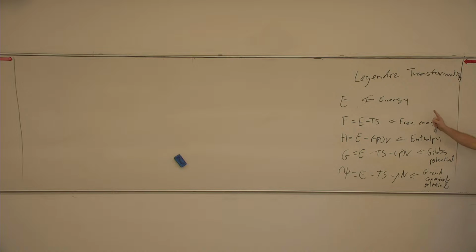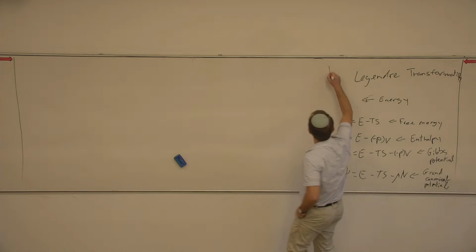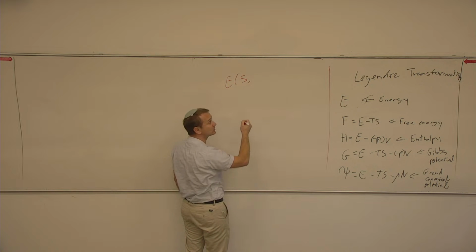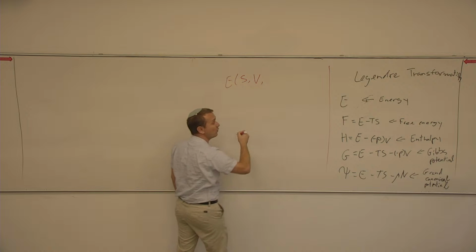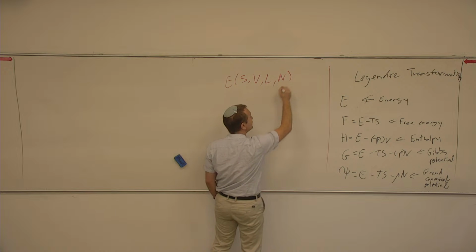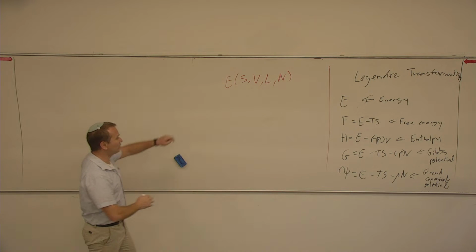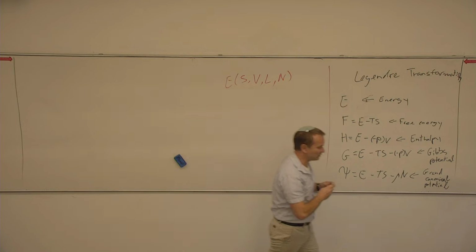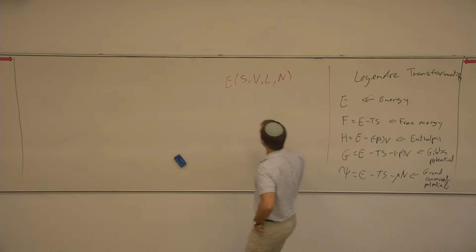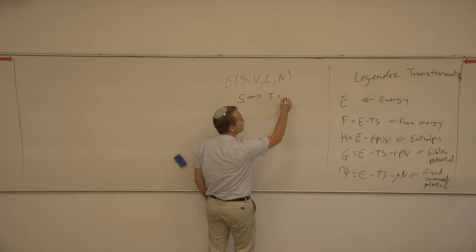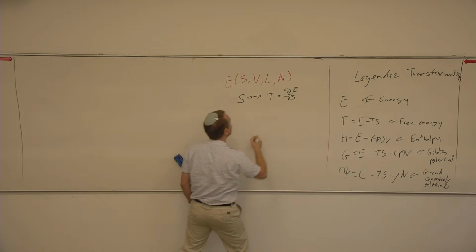Now, the idea with all of those transformations is that we had energy, which was a function of entropy, volume, length, and the number of particles. Each of those variables has a conjugated variable associated with it. S is associated with temperature, which is dE/dS.